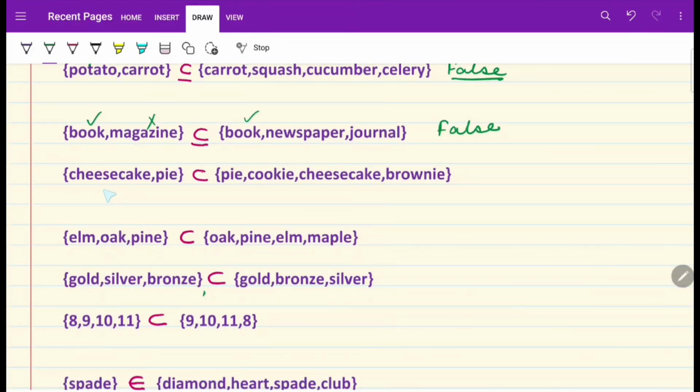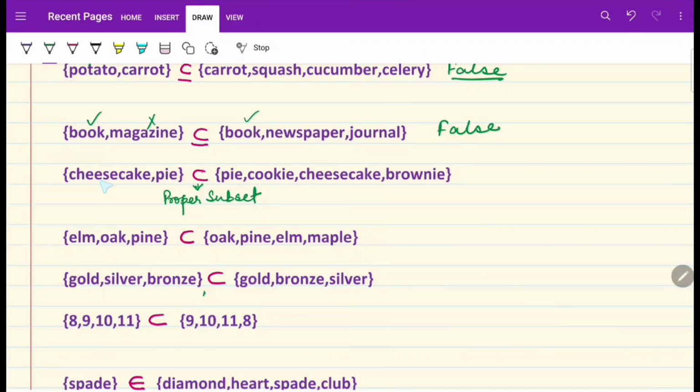Then we have a set containing cheesecake and pie. But look at the symbol here. This symbol reads as is a proper subset. So a proper subset is or will contain all the subsets except the set itself. Correct? By definition.